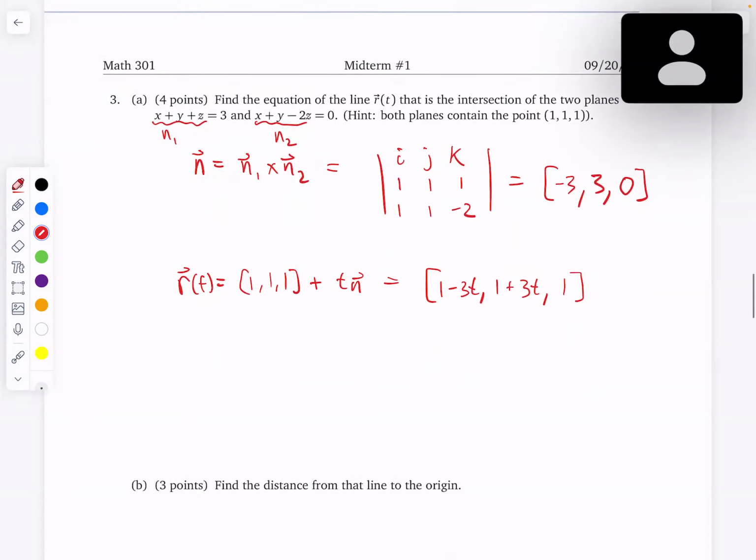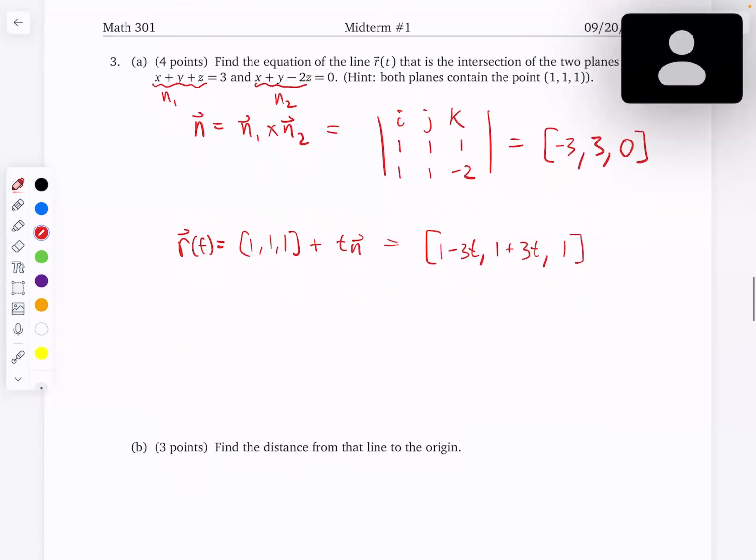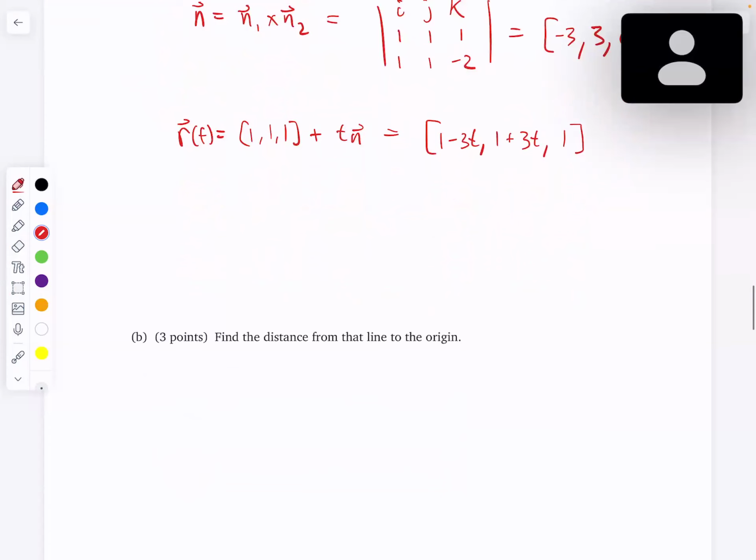Okay. Find the distance from that line to the origin. In order to do that, the formula is the magnitude of PQ cross V over the magnitude of V, where V in this case is just the vector that defines our line, which is (-3, 3, 0).